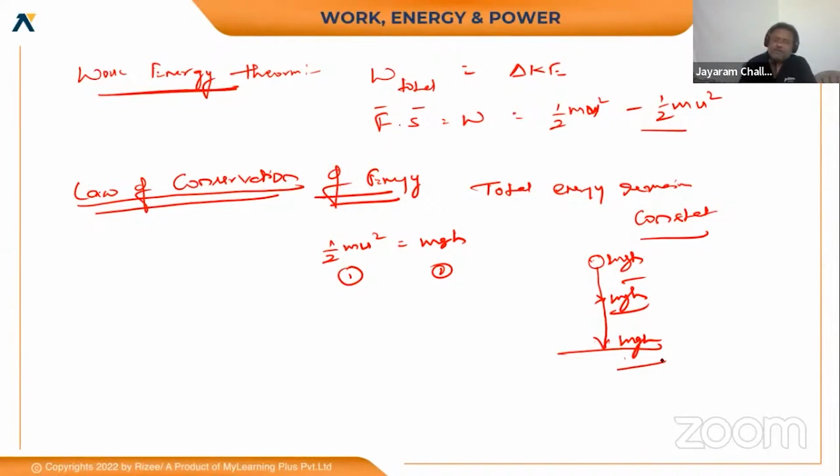So whatever may be the form of the energy, it will neither be created nor destroyed, it will be changed to other forms. So now we have seen the different types of forces, different types of energies, and different types of work done also.